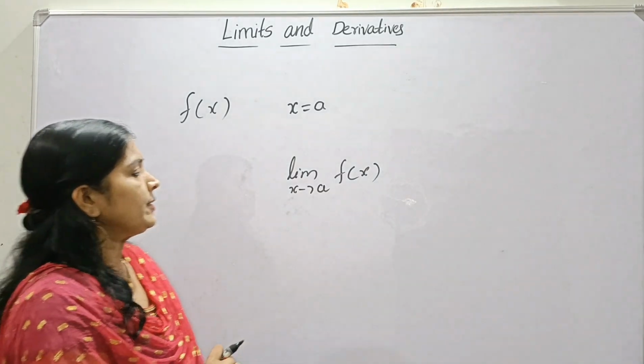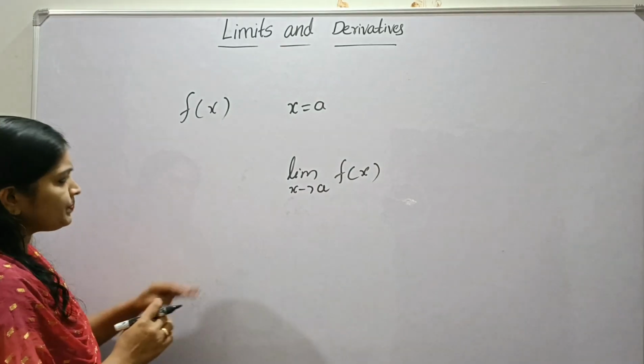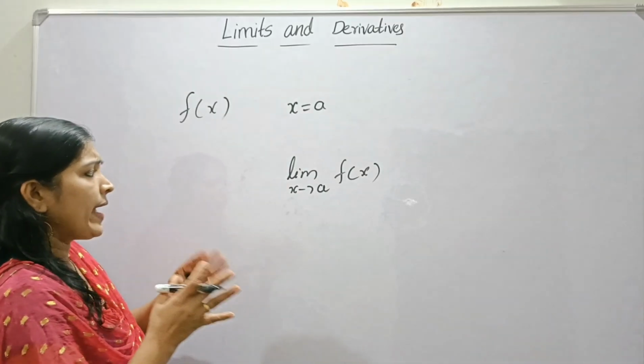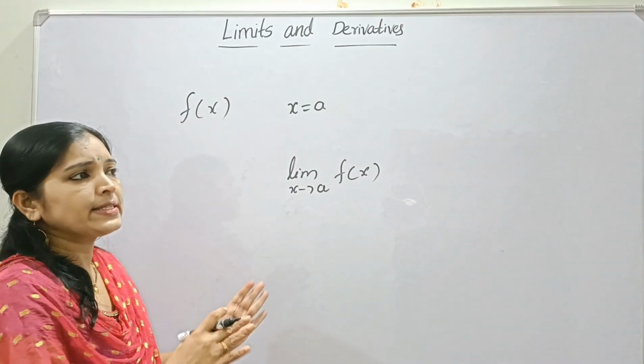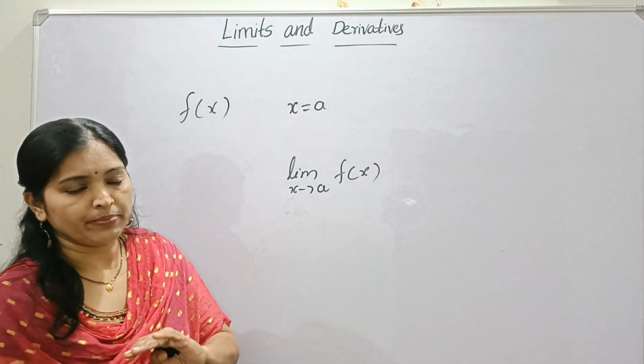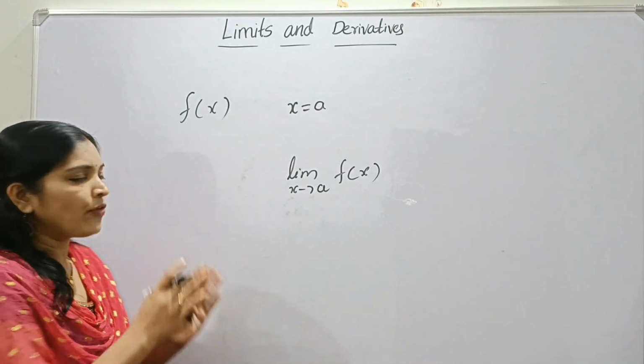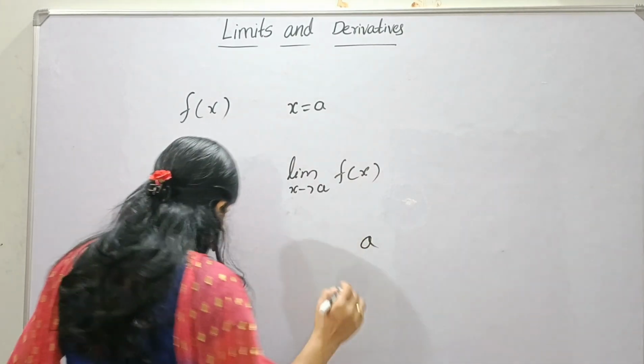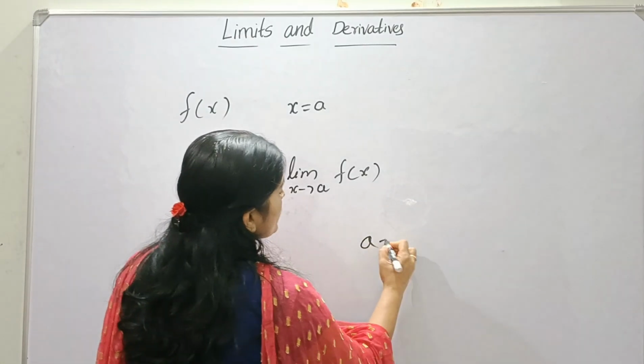Let us take one example. As I told, the values of x tend to less than a or greater than a. Less than a means left of a. Let us take numbers, a is equal to 2.